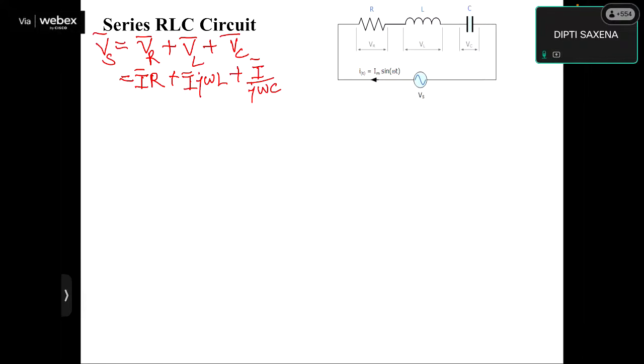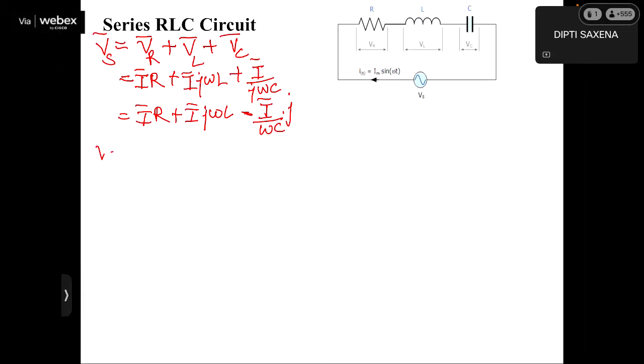Now the same equation I can write as IR plus I j omega L, and multiplying numerator and denominator by j, where j square is equal to -1, we get I upon omega C into j.